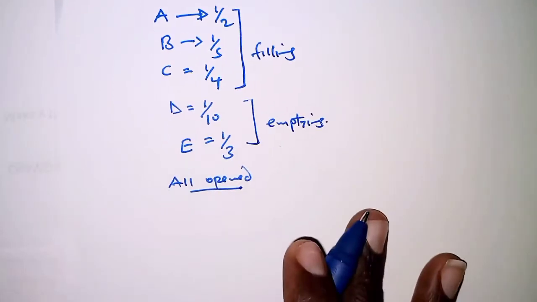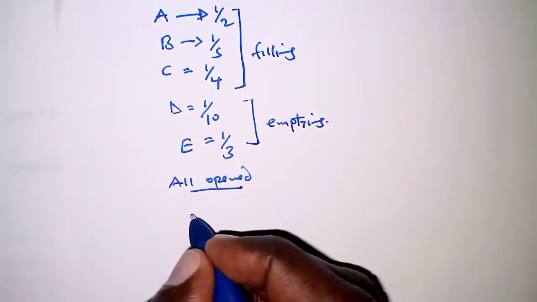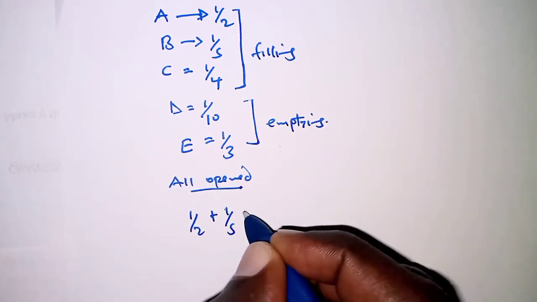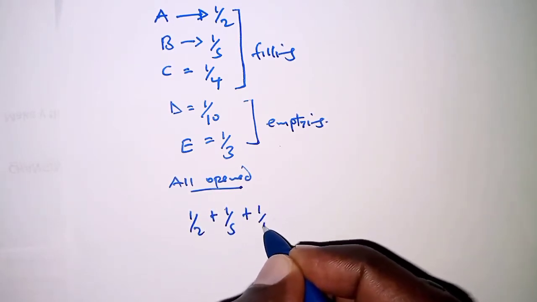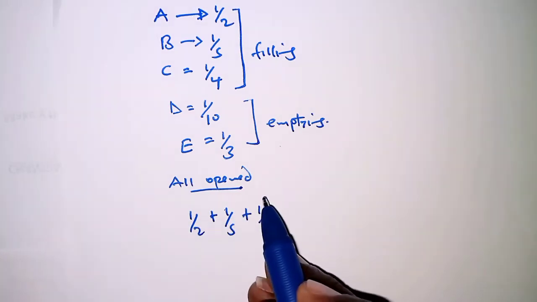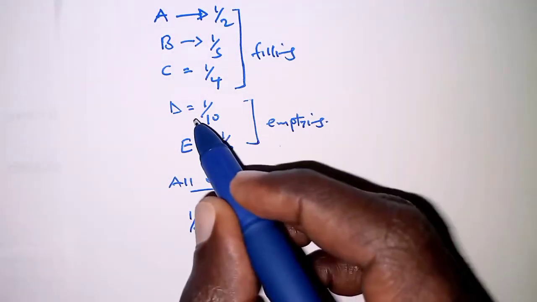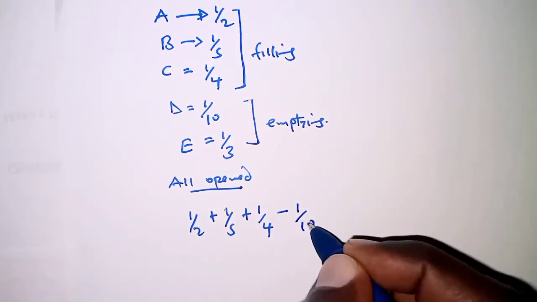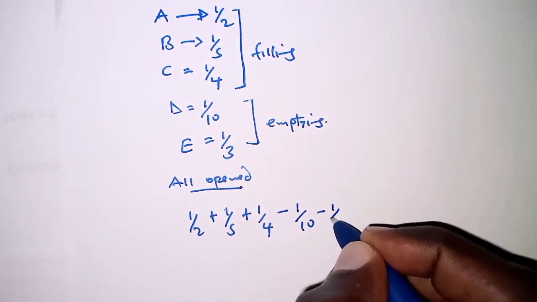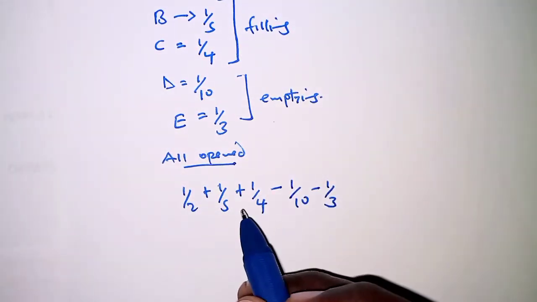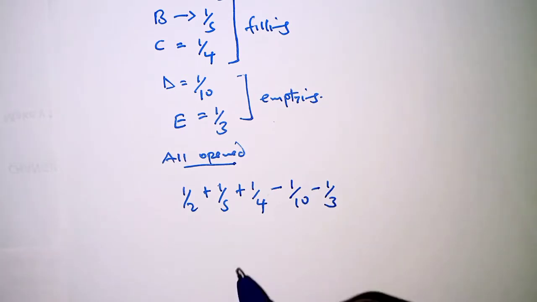For Tap A, Tap B and Tap C, they were simply adding water to the tank. But when you come to Tap D and E, they are simply subtracting, they are emptying, minus a third. And from this, we can therefore get the fraction filled in 1 hour.